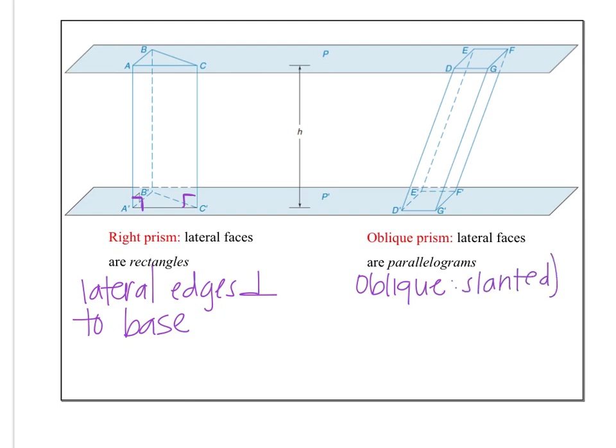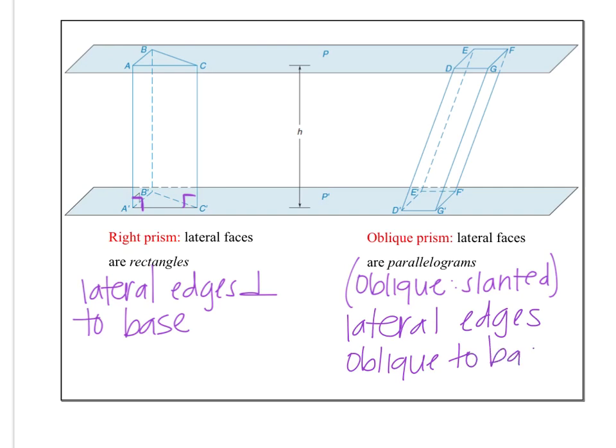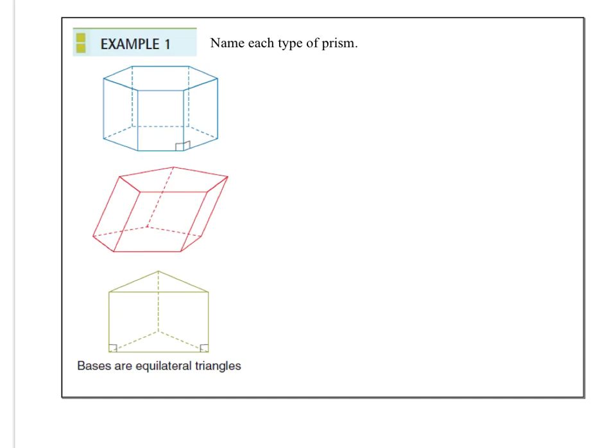So it means like it's the Leaning Tower of Pisa. It's slanted a little bit, but we do know that our bases are still parallel to each other. So our lateral edges, again using vocabulary, if you don't know what that means, look back in your notes, are going to be oblique to the base. So just like with a right triangle, how it makes that right angle, all of those edges are perpendicular to that base.